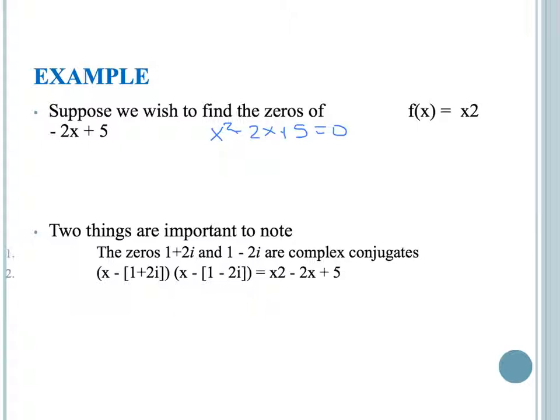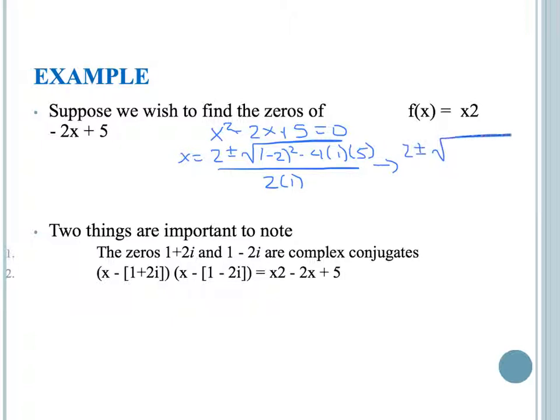My other option is the quadratic formula. And that's where we're headed. So x equals 2 plus or minus the square root of negative 2 squared minus 4 times 1 times 5, all over 2 times 1, which is going to give us 2 plus or minus the square root of 4 minus 20, which is negative 16, all over 2.